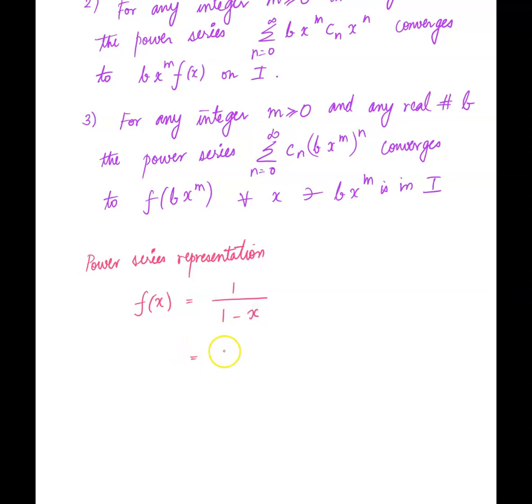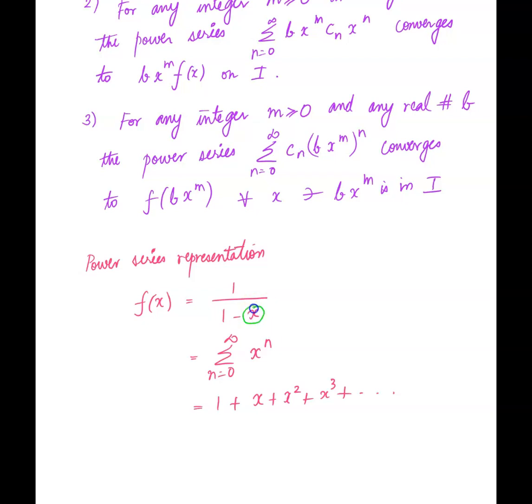And this was the representation for the power series summation x^n. And if you expanded this, this would expand as 1 plus x plus x squared plus x cubed and so on, right? So this is the key idea here, and this is what we're going to use to deal with this particular section, okay?